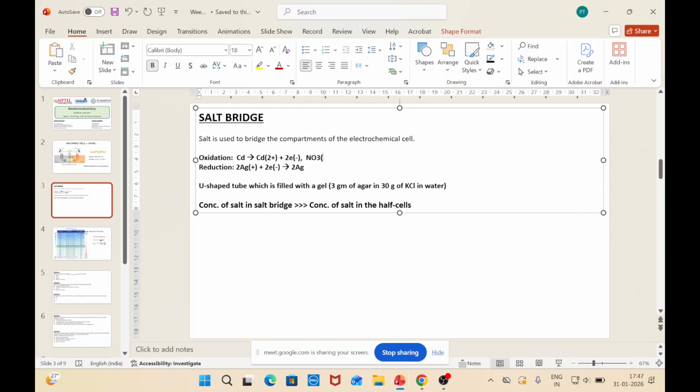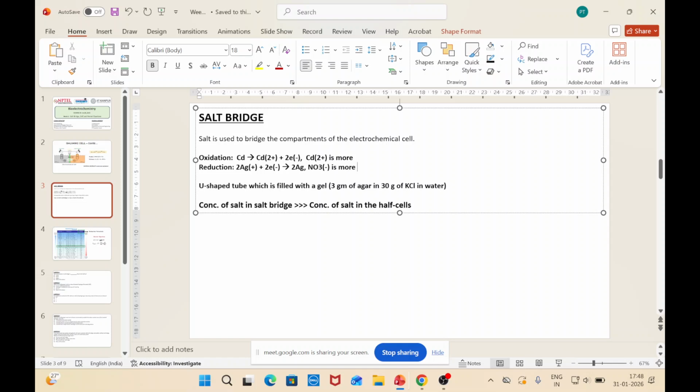NO3- is going to be more, and in this case, oh sorry, cadmium 2+ will actually go inside the electrolyte. So Cd2+ is going to be more and NO3- is going to be less. Cd2+ is more, and in this case NO3- is more.